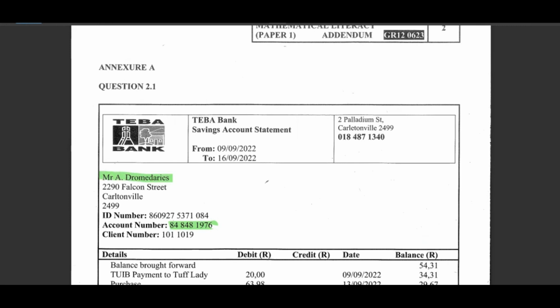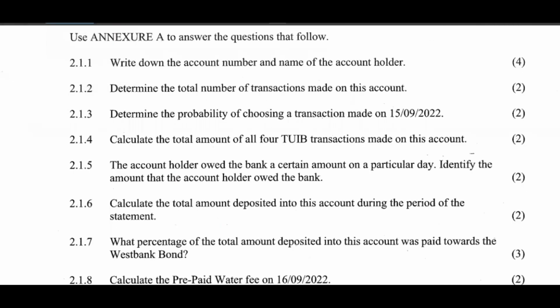So those are the two answers we need: the account number is 848481976. Then the account name of the account holder is Mr. A.